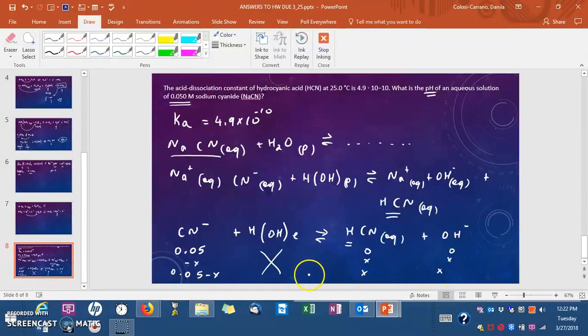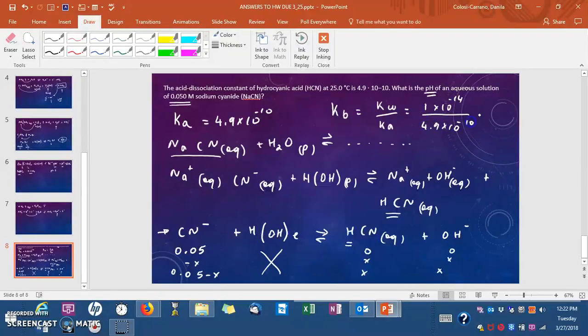So the question is at this point, are you starting with an acid or are you starting with a base? Since you're starting with a base, you don't need the Ka. What you really need is the Kb, which is equal to Kw over Ka, right? So this is 1 times 10 to the negative 14 divided by the Ka, which is 4.9 times 10 to the negative 10.